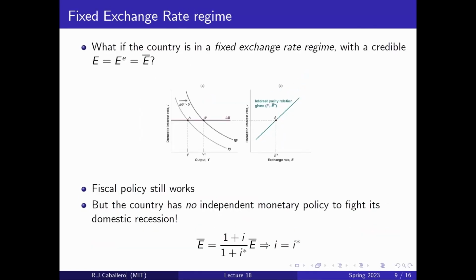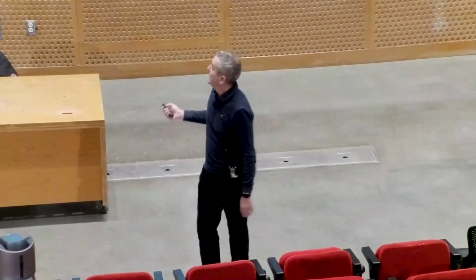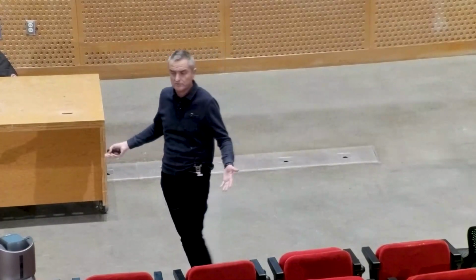Suppose you have a fixed exchange rate regime, okay? And it's a credible fixed exchange rate regime. Then I ask you again the question: what kind of fiscal policy would you run in that country? The same, expansionary, that's what you would do. And it's effective, as it was in closed economy, a little less because the multiplier is a little less.